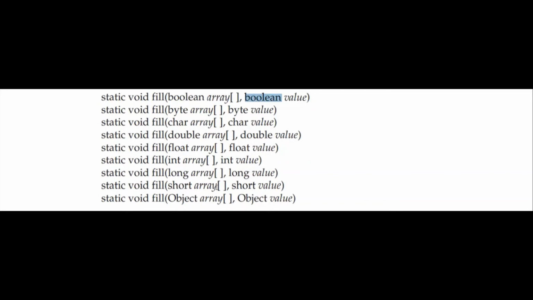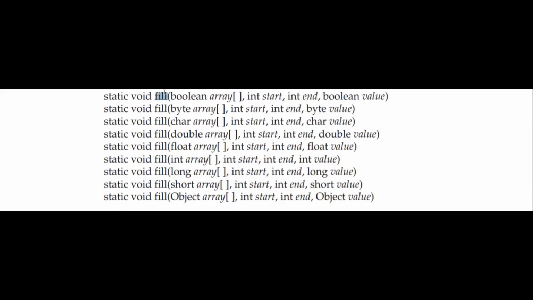The second variant will fill only a subset of the array. The first syntax will fill the entire array, or we can fill only a part of the array by specifying the starting and ending index positions. So here fill, start is given, end is given.